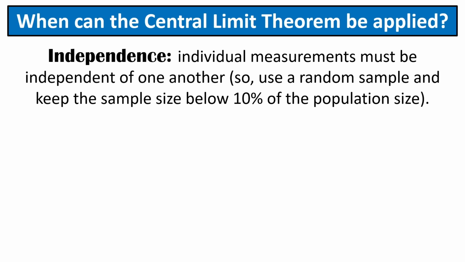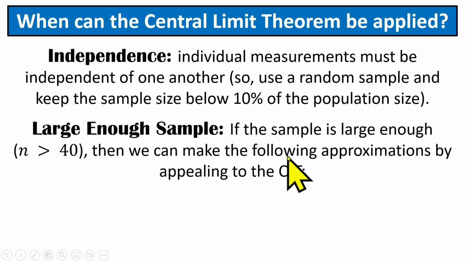For example, we could take a simple random sample to get our measurements. So a simple random sample or some other appropriate sampling technique that uses randomization, that's all good. Also, we need to make sure the sample size is no more than 10% of the population size, and that's also to maintain the independence. So if these conditions are true, we'll have measurements that are independent of each other. So that's the first condition.